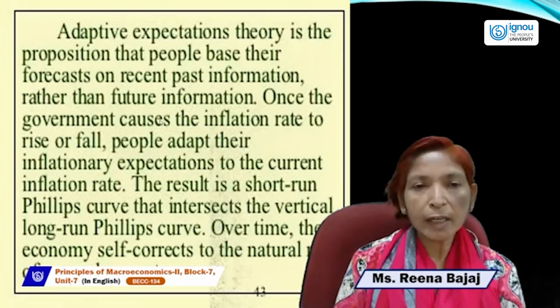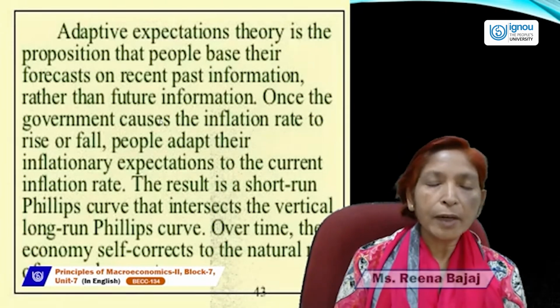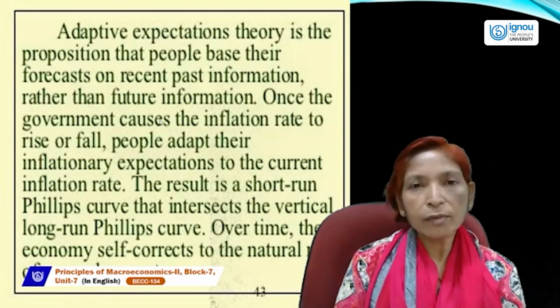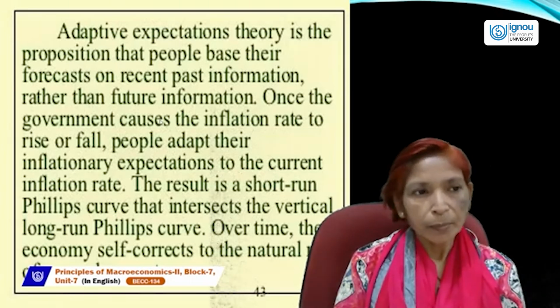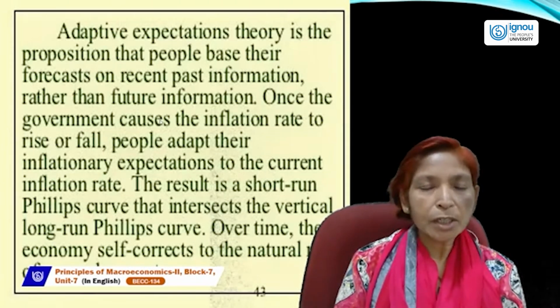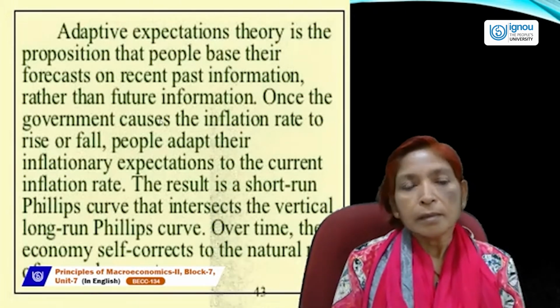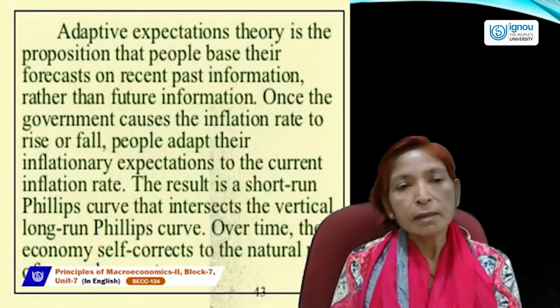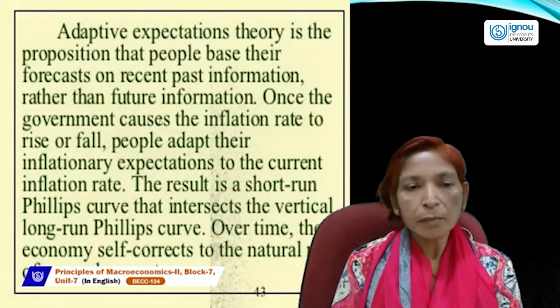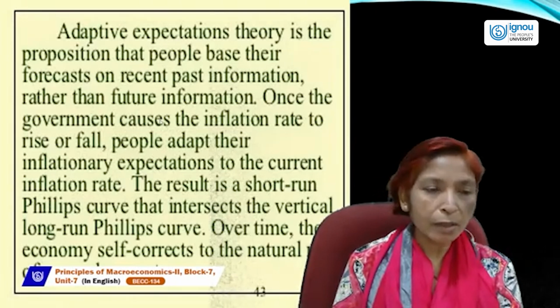It means we can move from a trade-off to a non-trade-off situation. So this is the proposition of adaptive expectation, in which people form expectations regarding the future by looking at past information.